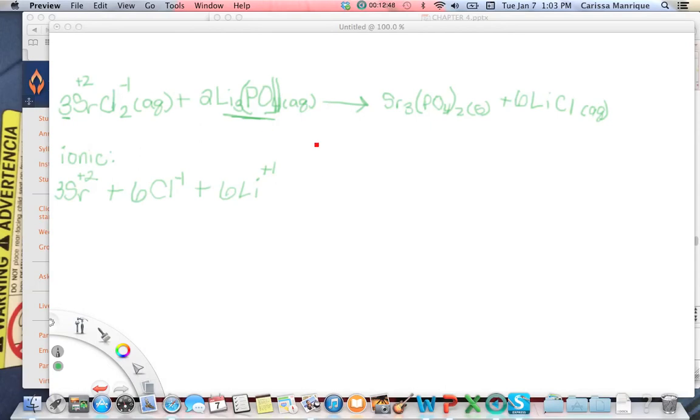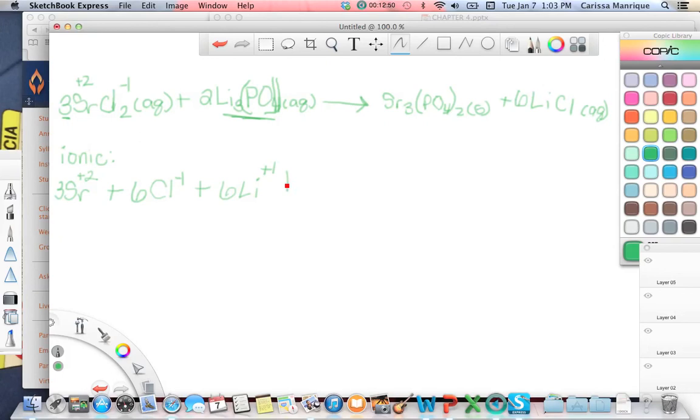Plus, okay, PO4. Now how many PO4s do I have total once you add in the coefficient here? There's 1 right here listed, times 2, so that would be 2. So what charge is this? I have 6 with a +1 charge, so that's kind of like a 6+.